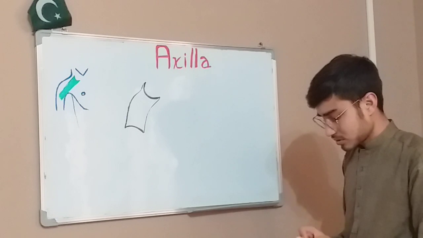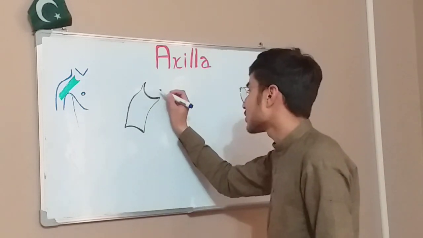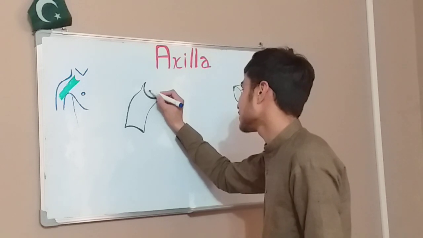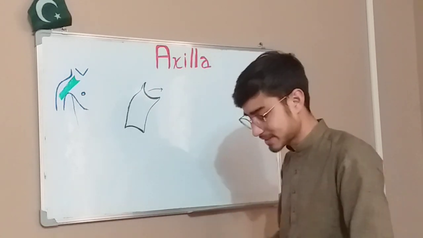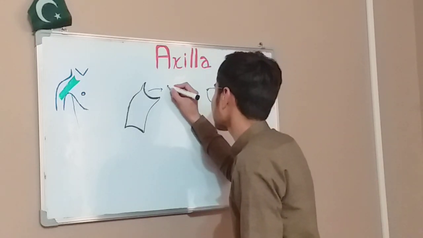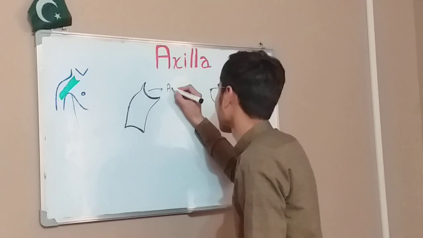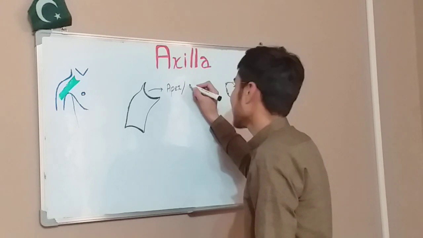As you can see in this picture, this superior portion is called what? This is called the apex. This apex is also called the axillary inlet.